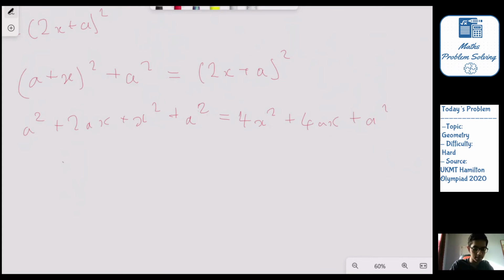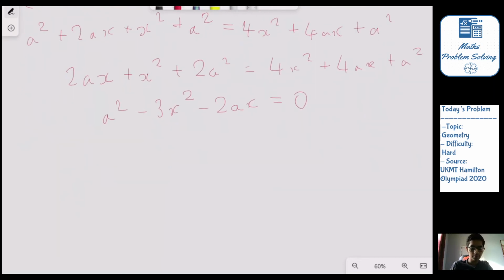Let's collect the like terms. 2AX plus X squared plus 2A squared equals 4x squared plus 4AX plus A squared. Now let's subtract A squared from both sides, so we are left with A squared. Subtract 4x squared from both sides, so we get minus 3x squared. And subtract 4AX from both sides, so we get minus 2AX. All of that equals 0.